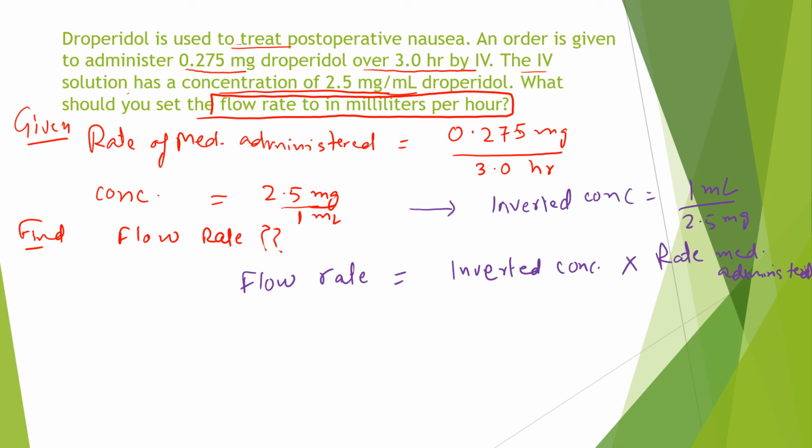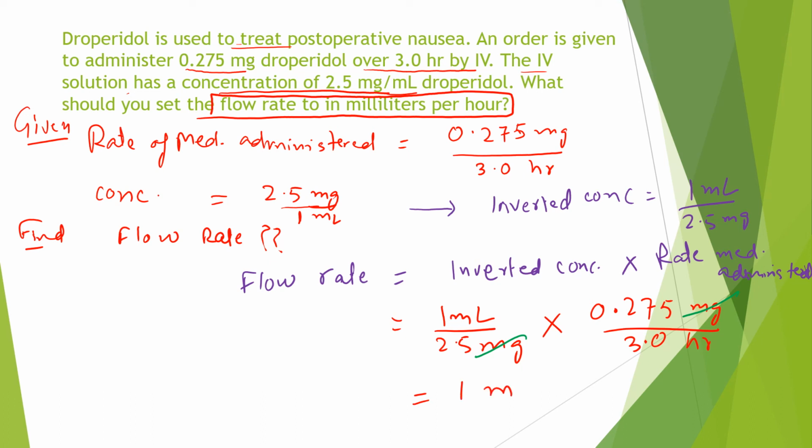So let's plug in the values. Inverted concentration is 1 ml divided by 2.5 milligram multiplied by the rate at which medicine is being administered, which is 0.275 milligram per 3.0 hours. So now milligram cancels with milligram and we get flow rate to be equal to 1 ml multiplied by 0.275 divided by 2.5 multiplied by 3.0 hours.